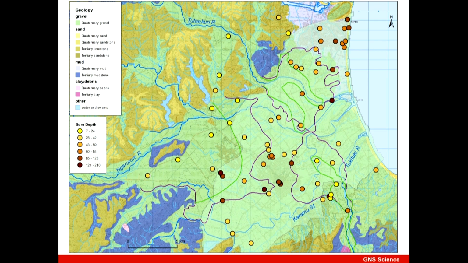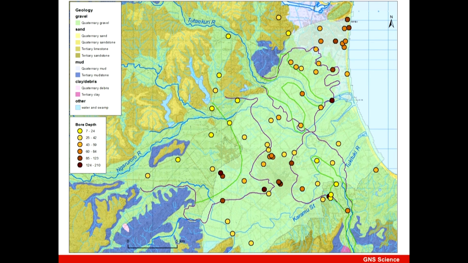We also have the National Groundwater Monitoring System, a survey by the Hawke's Bay Regional Council, and other small surveys. All that data is now being put together, and we are investigating how the groundwater system in the Heretaunga Plains works.